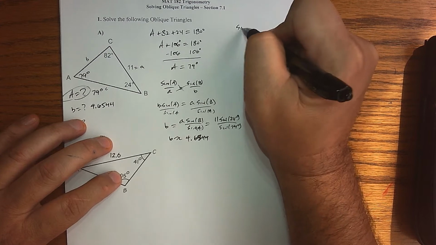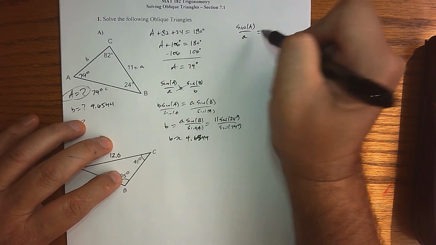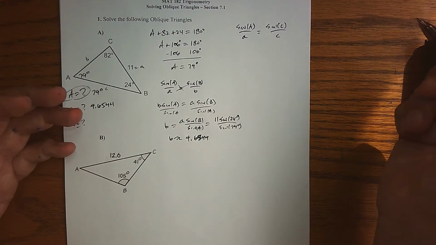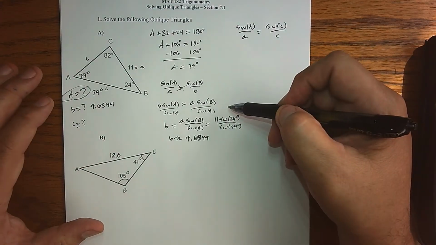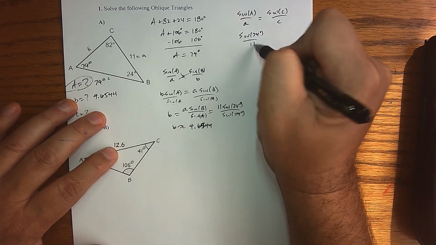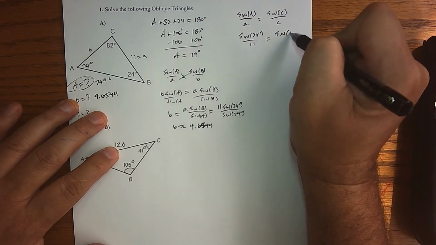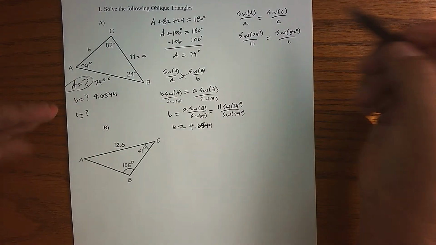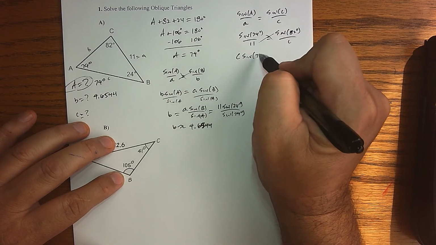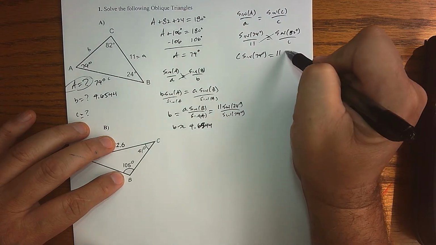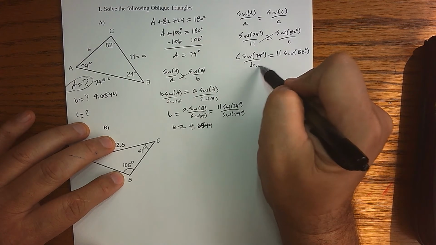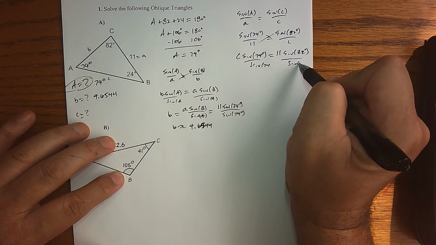So we know that the sine of A all over side A is the sine of C all over side C. I went ahead and solved it without the values, but if you want to plug them in, this is telling us the sine of 74 over 11 is the sine of 82 all over C. And so with quick cross multiplication, we get C times the sine of 74 is 11 times the sine of 82. Divide both sides by the sine of 74, and we basically have it.